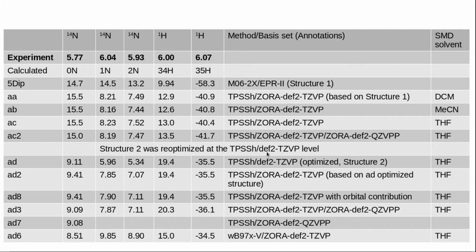Then I re-optimized the structure at the TPSSh def2-TZVP level and obtained slightly better values, but still they were far off. And I tried many different options. I even tried omega B97X-V, which is considered in the Grimme paper about density functional theory to be one of the best functionals that reproduces energetics overall for many systems.